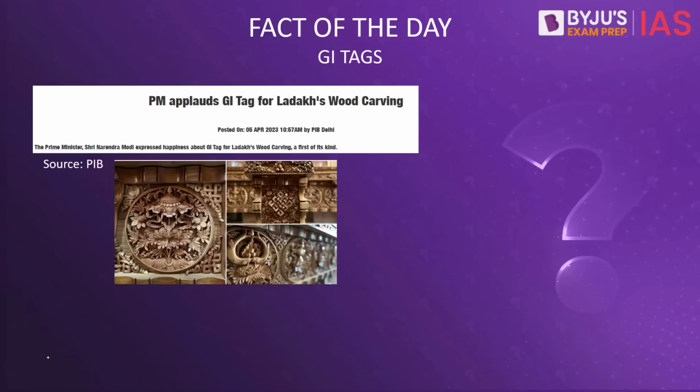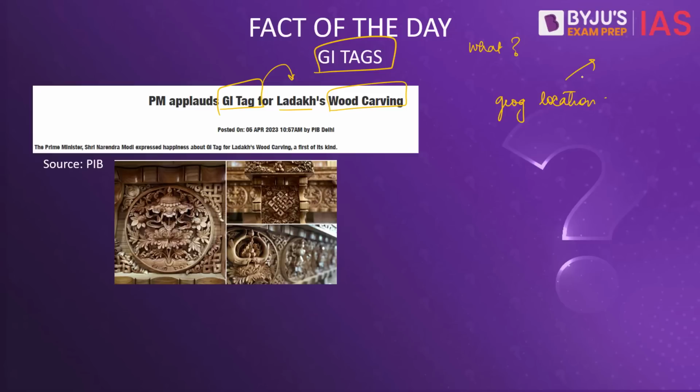Now we come to the fact of the day, which is about GI tags. What are GI tags? Before that, why is this in news? Because recently a GI tag has been provided to Ladakh's wood carving. GI tags, or geographical indication, is a name or a sign that is given to certain products that come from a very specific geographical location, like a specific region, a town or a country.